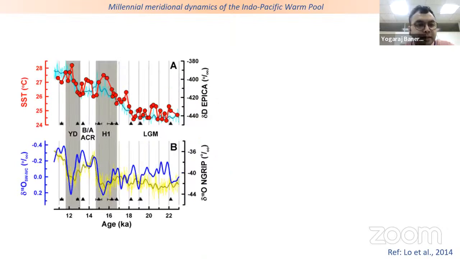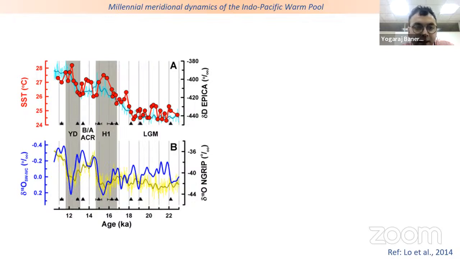So in this figure, the SST reconstruction from the magnesium by calcium ratios has been plotted, and those are shown by the red color points. And in the bottom panel, the blue line represents the δ18O of seawater that has been calculated from these shells using the SST and the δ18O of carbonate information.